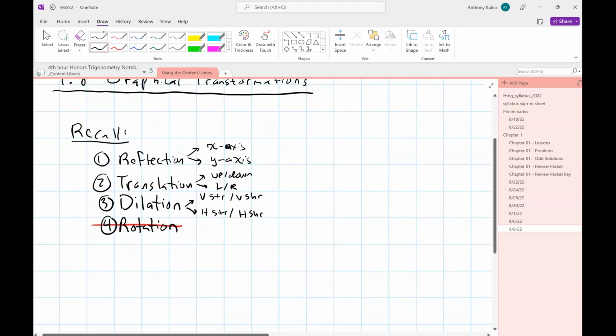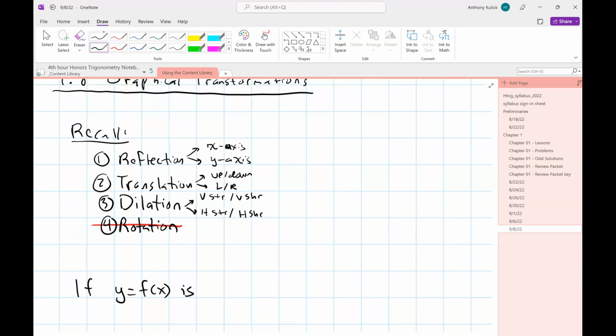So when we talk about transformations, oftentimes we talk about 2 types of functions. One's called a parent function, the other is called the resultant function. So if y equals f of x is our parent function, then y equals a times f of 1 over c times x minus h, plus k is the resultant function.